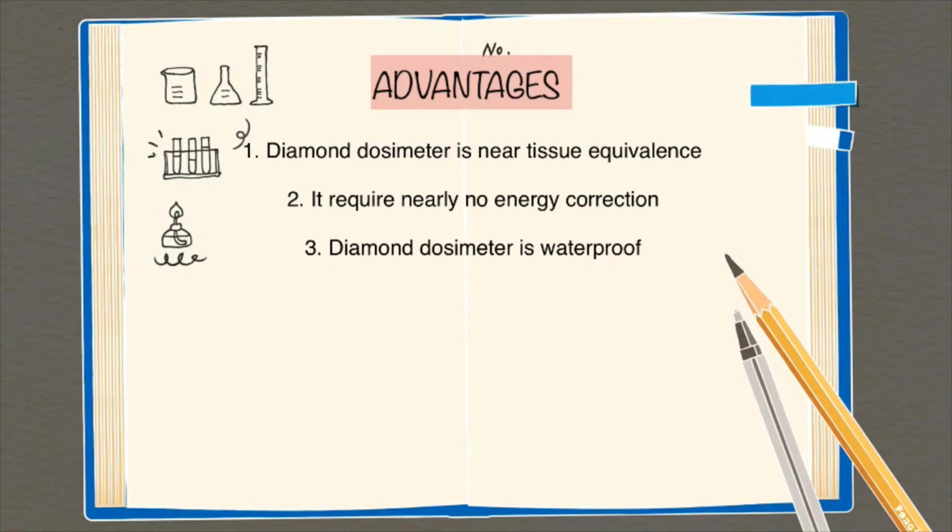Then, the diamond dosimeter is a waterproof device, where this kind of dosimeter can be used for measurement, especially in water phantom. The dosimeter also has very low leakage current and provides high signal to noise ratio when the detector is exposed to ionizing radiation.